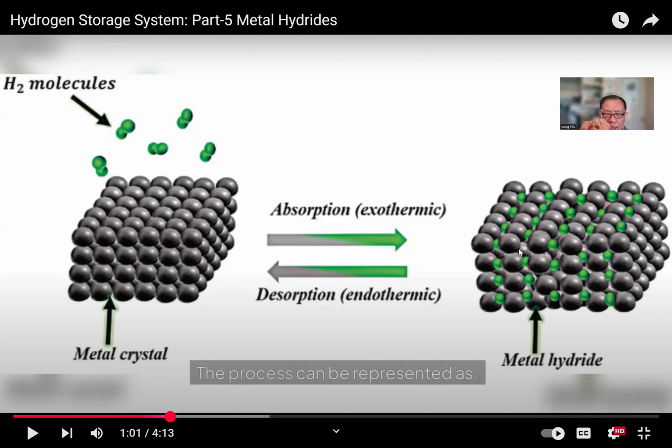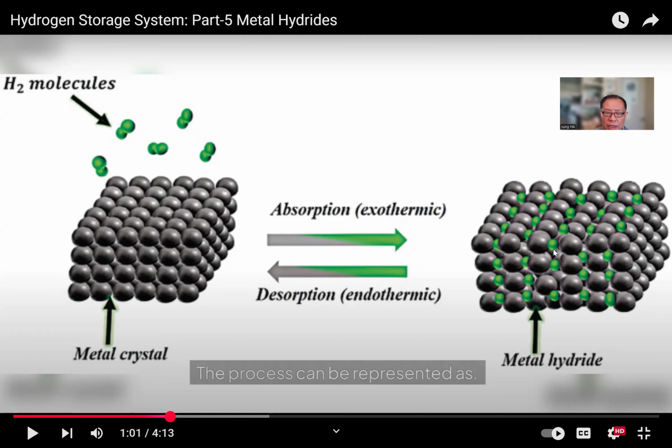So this is just a metal, and at room temperature and regular ambient pressure, we can store or carry this hydrogen in a metal. But the disadvantage is that it will be too heavy because it is a metal.